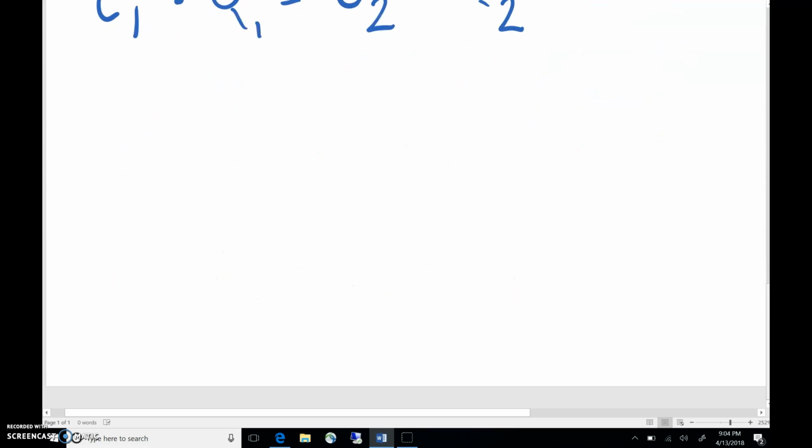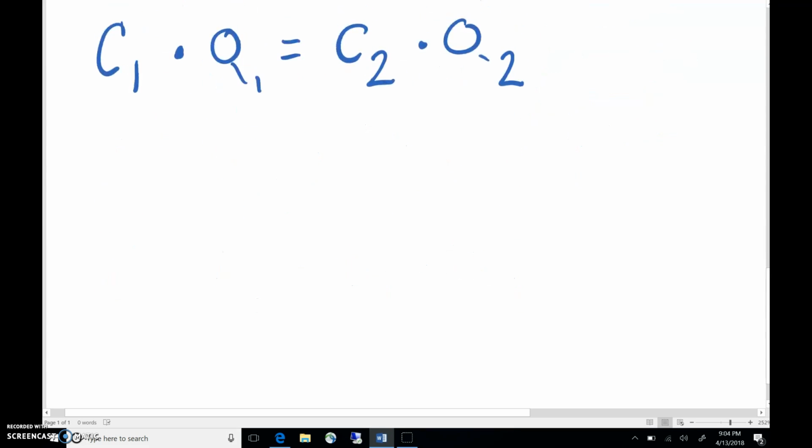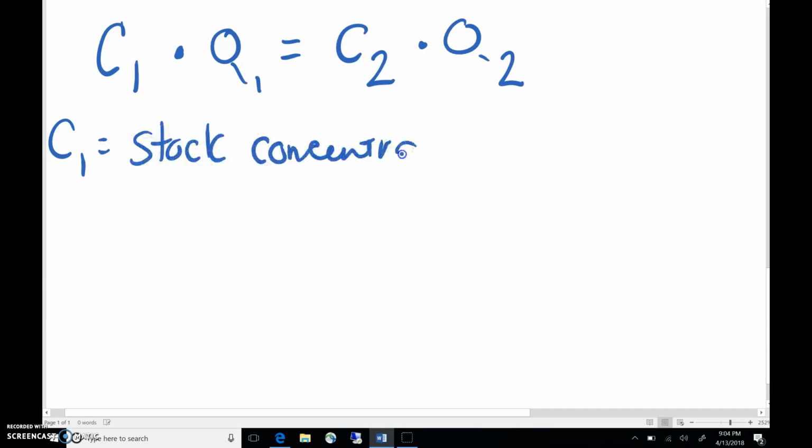Well, what does this mean? Well, C1 equals the stock concentration, what you have in stock, which means it's always going to be the highest concentration in the problem. All right?